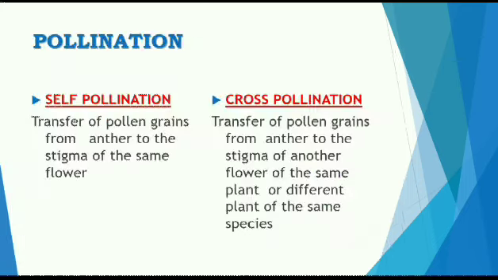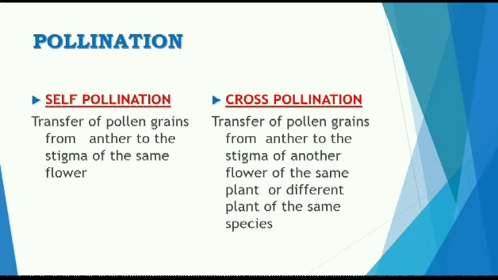Next, pollination is basically of two types. Suppose the pollen grain is transferred to the stigma of the same flower. Suppose it is a gudhal, with the pollen grain in the anther and the ovary present in a single flower, and the pollen grain is transferred to the same flower's stigma.